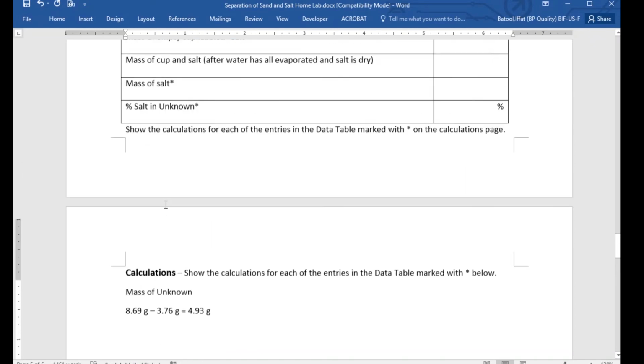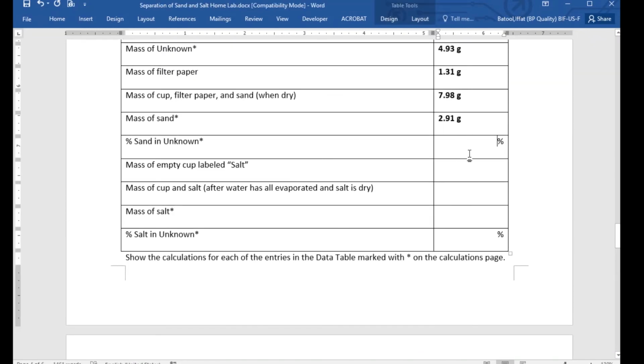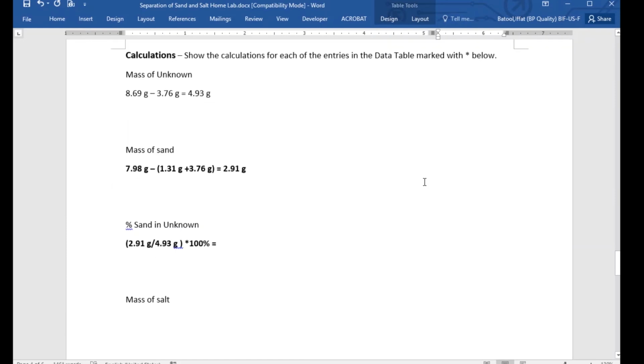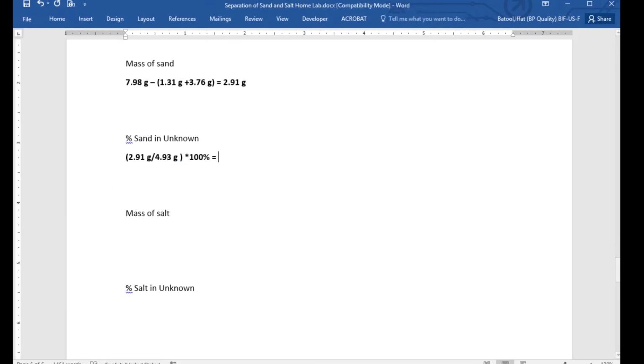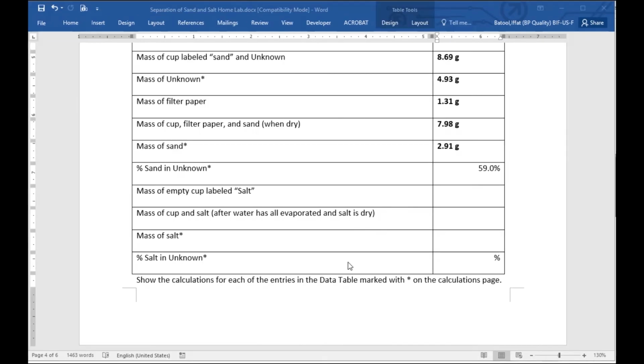So I have like 59%, 59.0% on my calculator.